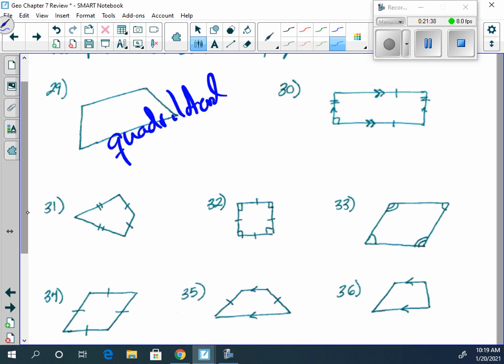So it is a quadrilateral because it has 4 sides. It is a parallelogram because we have 2 sets of parallel sides. And we have 4 right angles, so this would be a rectangle. Because we can't call it a square because all 4 sides are not congruent.